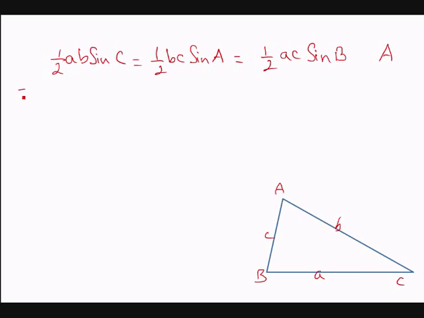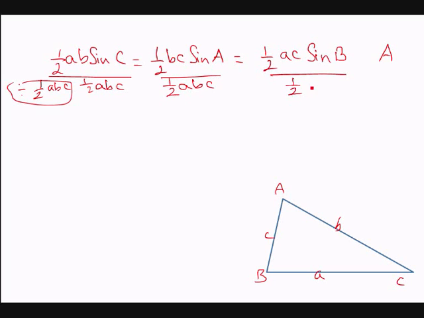Now, if I divide all the three terms by half ABC, then I can cancel AB here, and I can cancel half BC here.